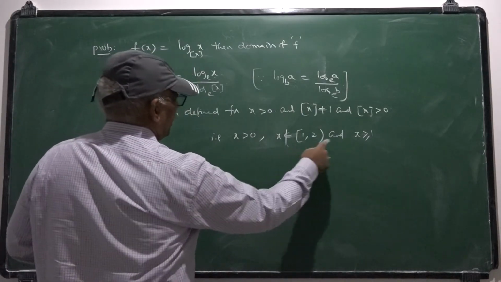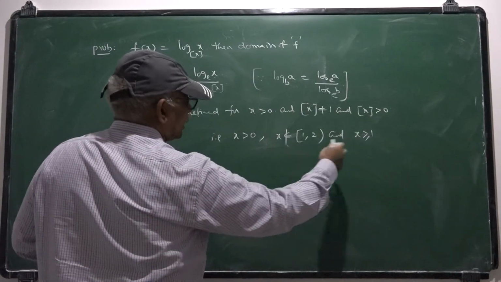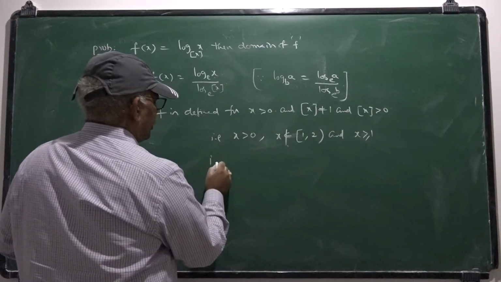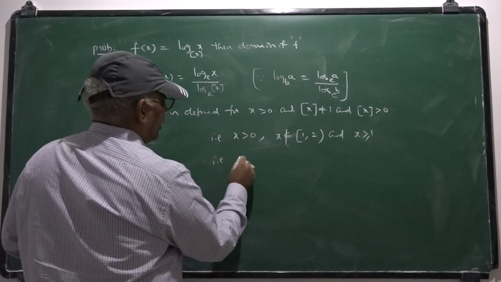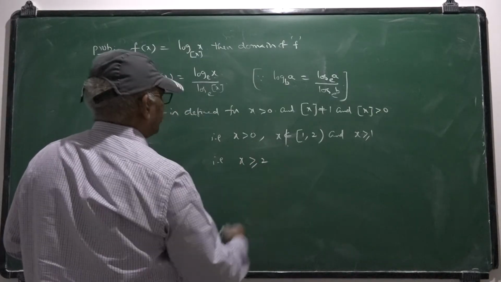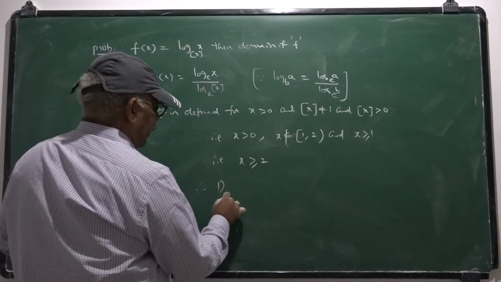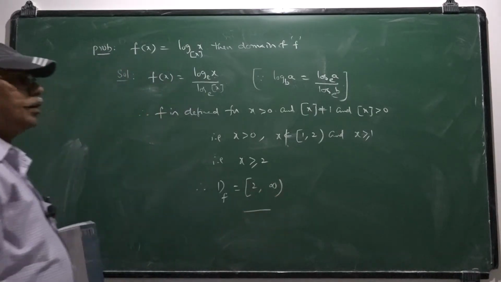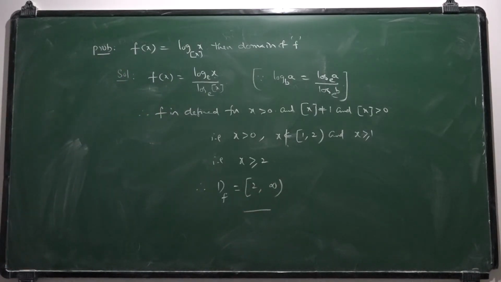So that from these two x is more than 2 and x is positive. So intersection, that is x is more than 2, domain of f is 2 to infinity.